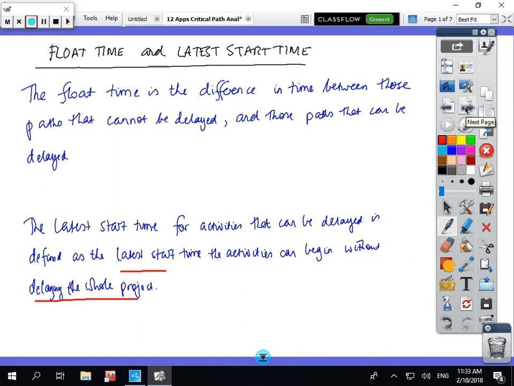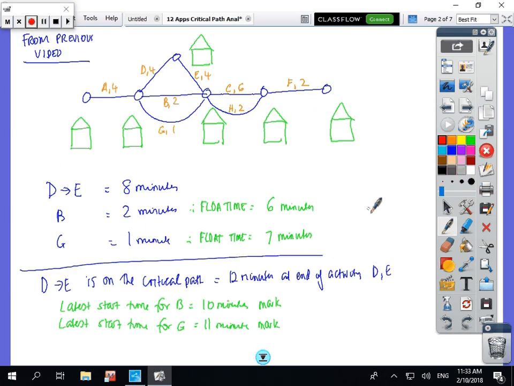Copy that and when you're ready, come across. Okay, so from a previous video we've got this diagram. To get to this node here, D to E took 8 minutes, B only took 2 minutes, so that means activity B has a float time of 6 minutes.